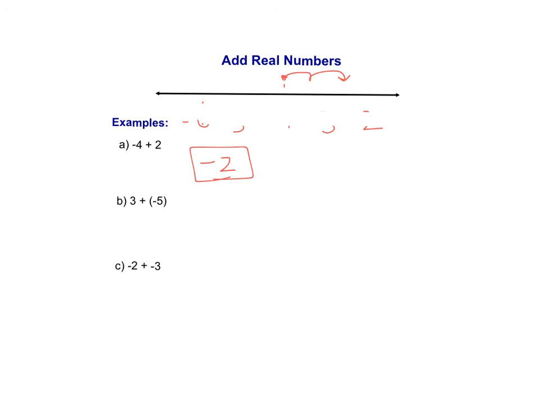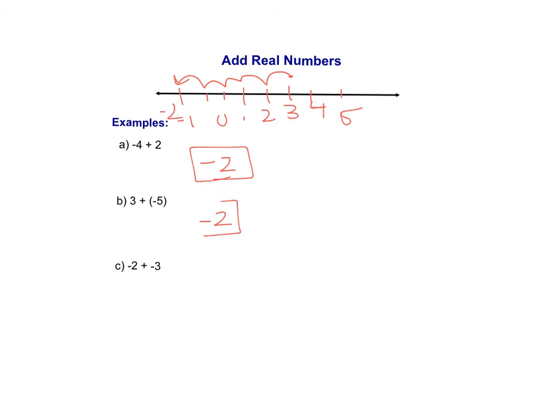Now from here I can do the same thing with 3 plus -5. I put 3 on my number line, and I know that I'm going to have to move in the negative direction 5. So if I'm at 3, I move in the negative direction 1, 2, 3, 4, 5, and I end up at -2.